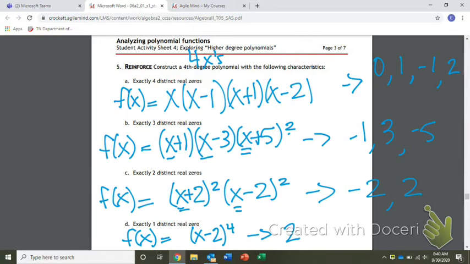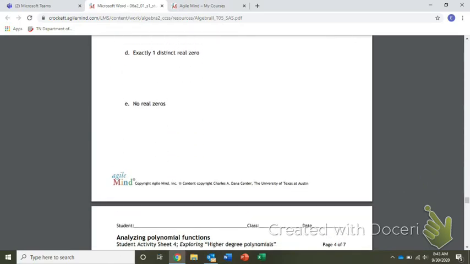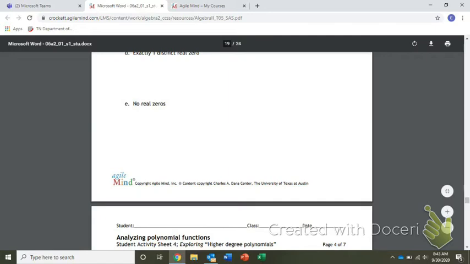Now for E, it says no real zeros. F of x equals x to the 4th plus 2.